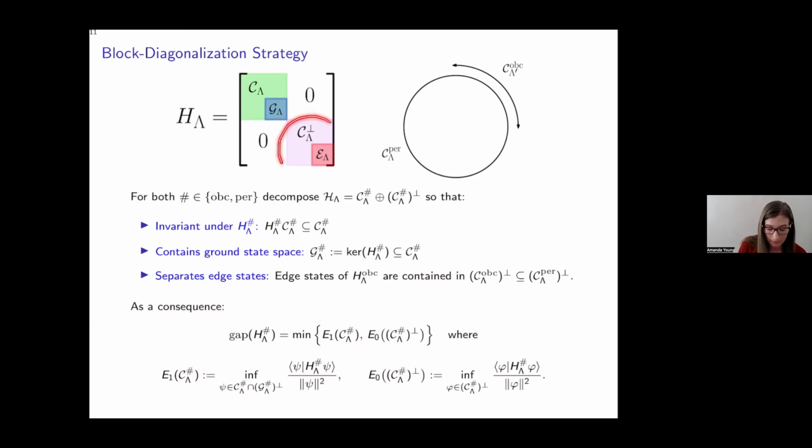However, in the orthogonal complement, you know that you have no ground states. And so in this orthogonal complement space, what you're really trying to do is approximate the minimal energy. Now, if you're looking at the Hamiltonian with periodic boundary conditions, even though the edge states for the model with open boundary conditions lie in this other invariant subspace, the methods that you apply when approximating the ground state energy of a Hamiltonian are quite different than when you're approximating a gap.